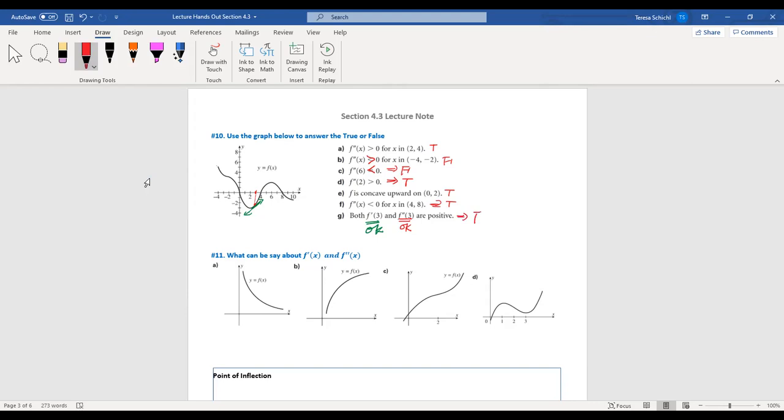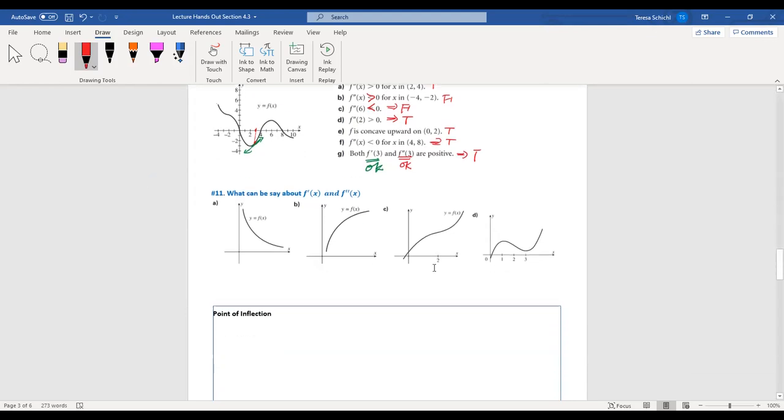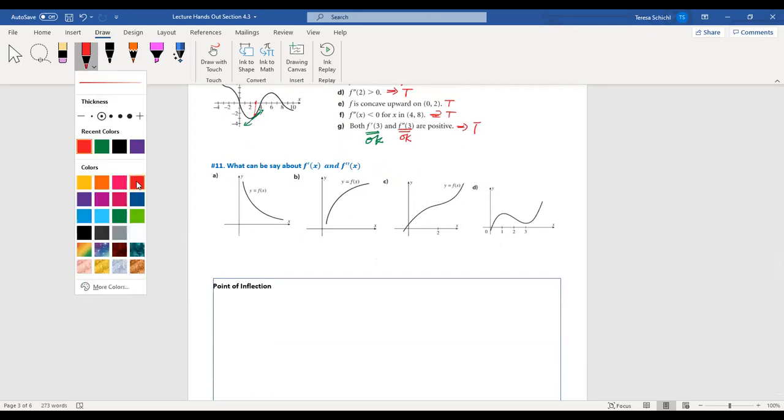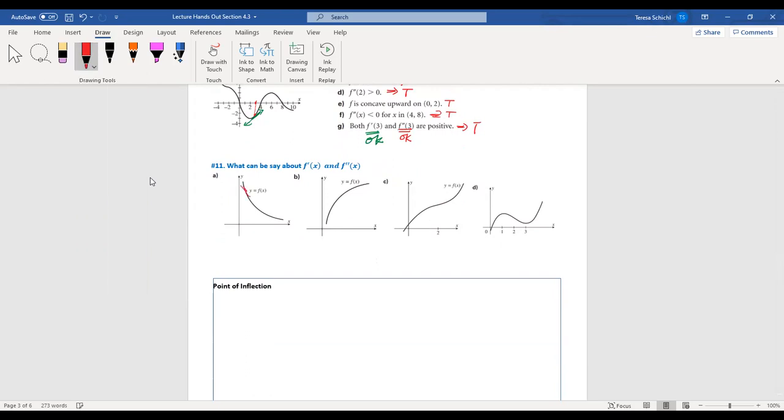Okay, now let's take a look at another example to see what we can get from f prime of x and f double prime of x. The first thing is f prime of x, the tangent lines here. So this is a decreasing function, right? If you find the tangent lines like this, the tangent line goes downward.